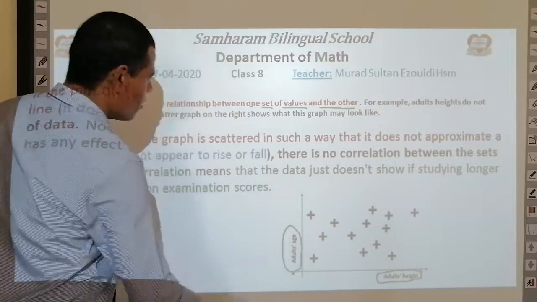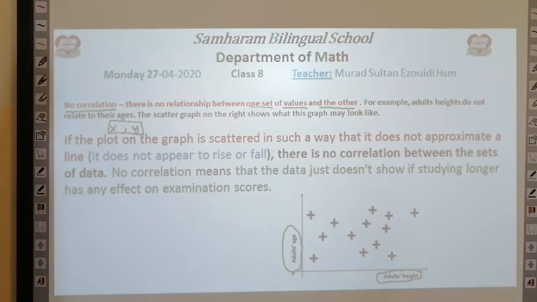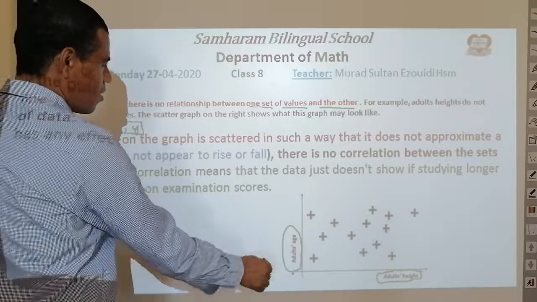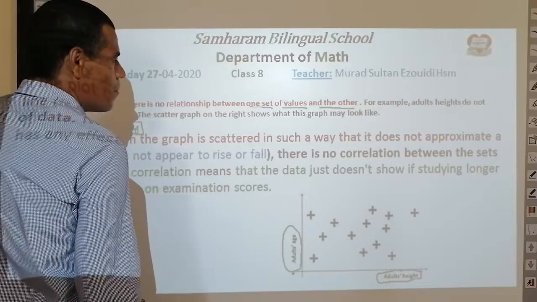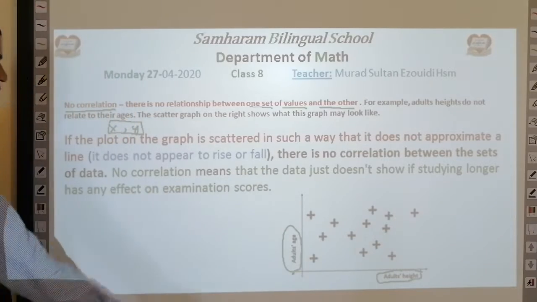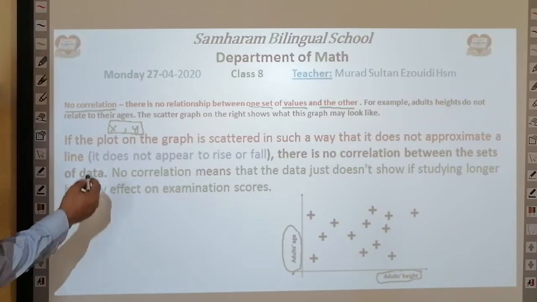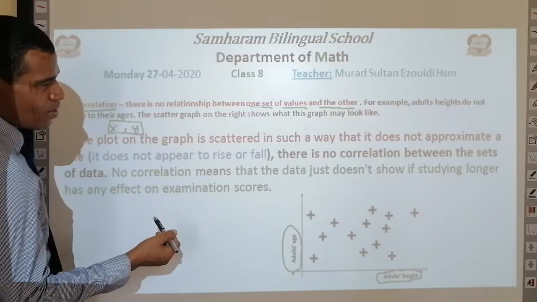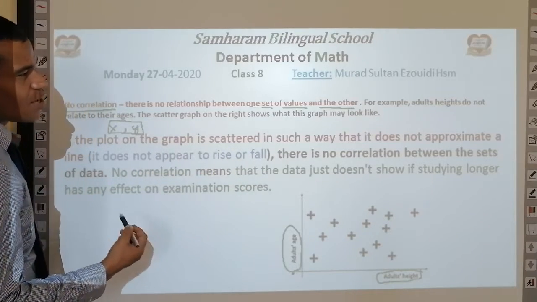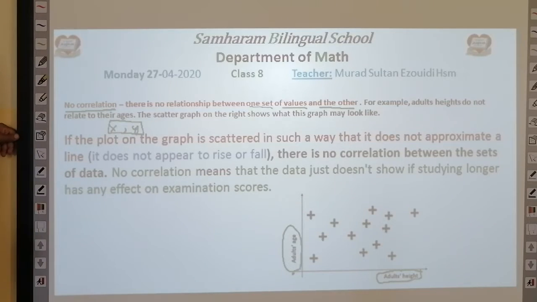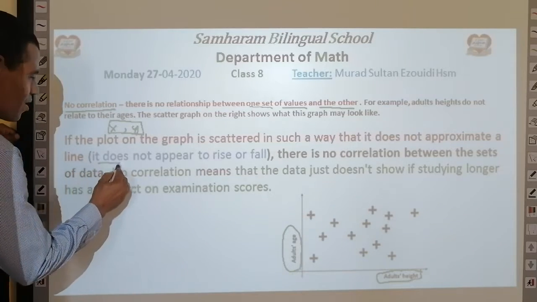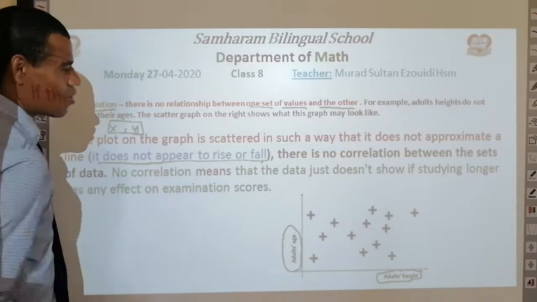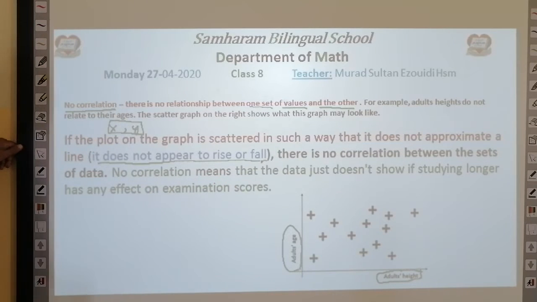Okay? So, the scatter graph drawn below may look like this one. If the plot on the graph is scattered in such a way that it does not approximate a line, meaning it does not appear to rise or to fall, there is no correlation between the two sets of data.